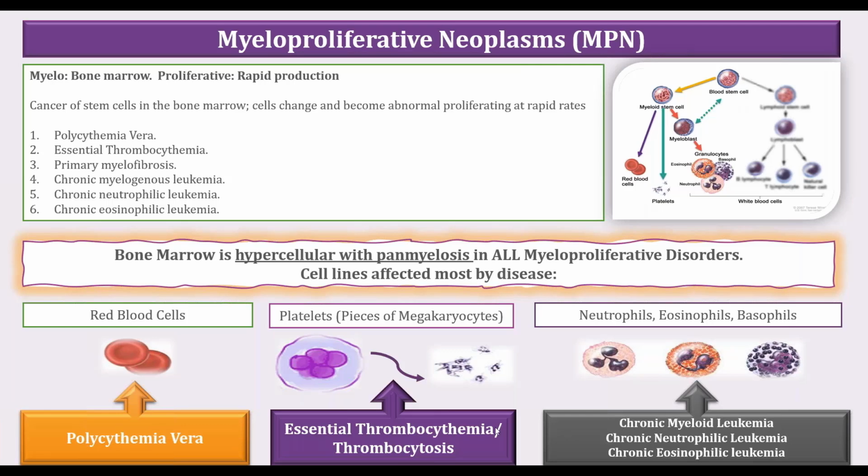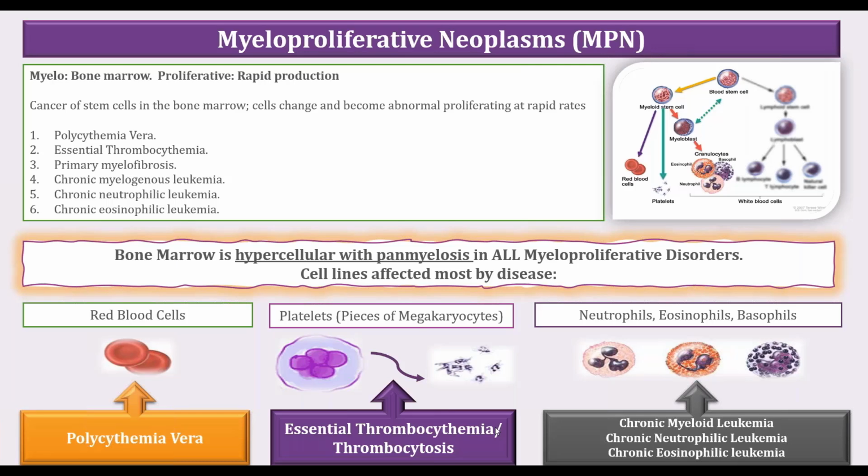In myeloproliferative neoplasms, the marrow becomes hypercellular with panmyelosis, meaning there is an increase in all myeloid blood cells in all MPNs. When red blood cells are the main myeloproliferative cells, this is Polycythemia vera. We have essential thrombocythemia when there are too many megakaryocytes. This cell is the origin of platelets.